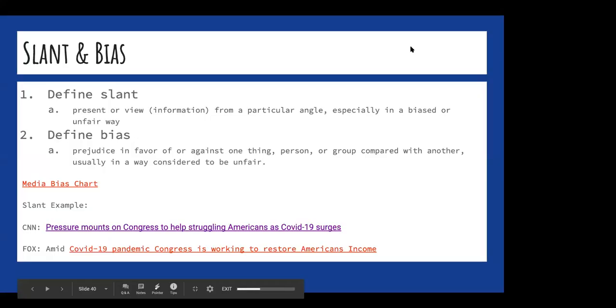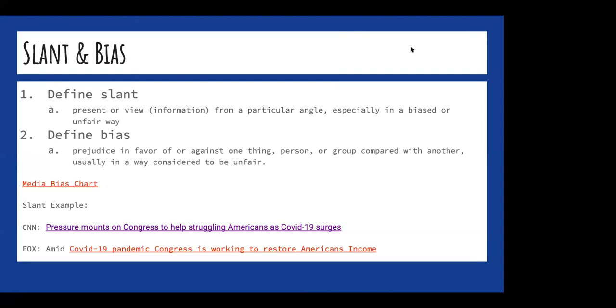And then when we're talking about slant, a slant example would be the same topic, talking about Congress passing a bill to help Americans. The slant on CNN: pressure mounts on Congress to help struggling Americans as COVID-19 surges, right?